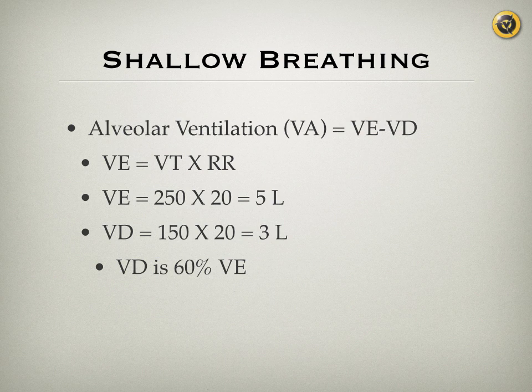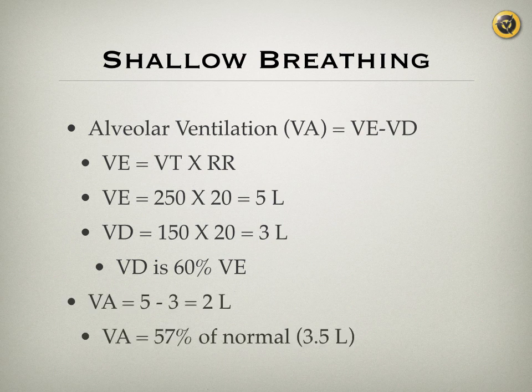Now compare that to a very slow patient, for example a patient who received a large dose of narcotics. They are hypoventilating. Their tidal volume becomes larger. So they will breathe a liter of tidal volume, but they breathe slower, which is 5 per minute instead of 10.